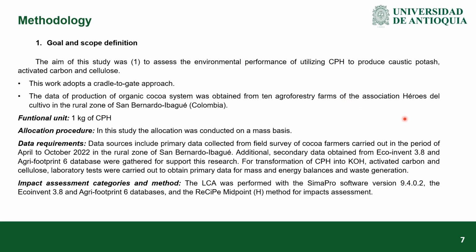And for transformation of CPH into the products, laboratory tests were carried out to obtain primary data for mass and energy balance and waste generation. The LCA was performed with the SimaPro software, the Ecoinvent and Agri-footprint databases, and the ReCiPe midpoint method for impact assessment.